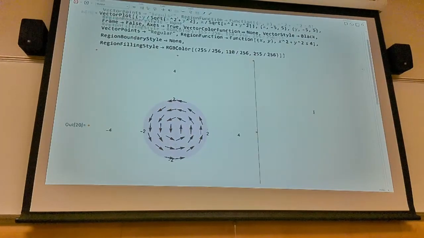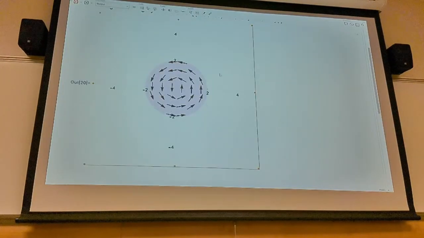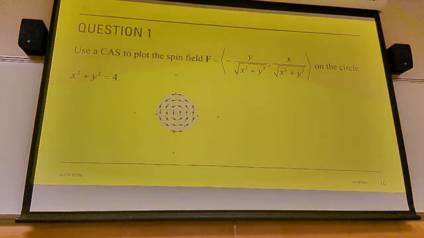What method am I going to go with? So there we go. There's our vector field on the circle.